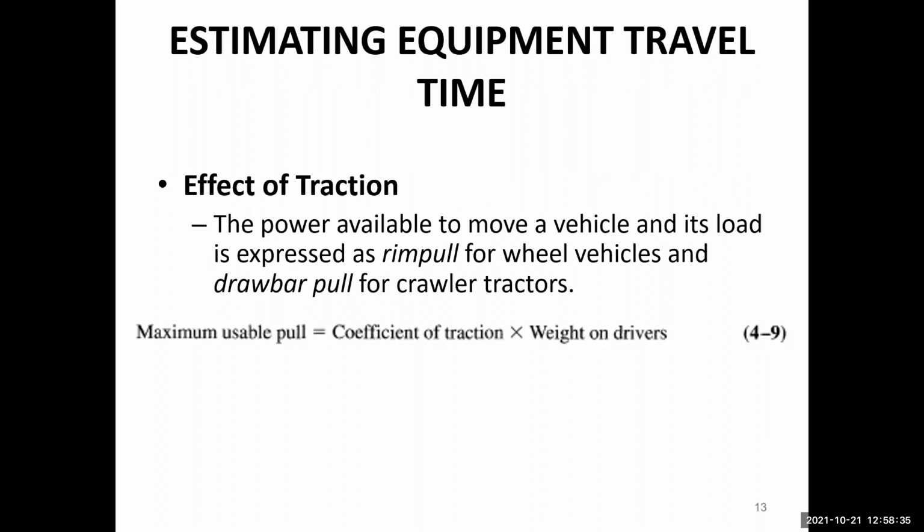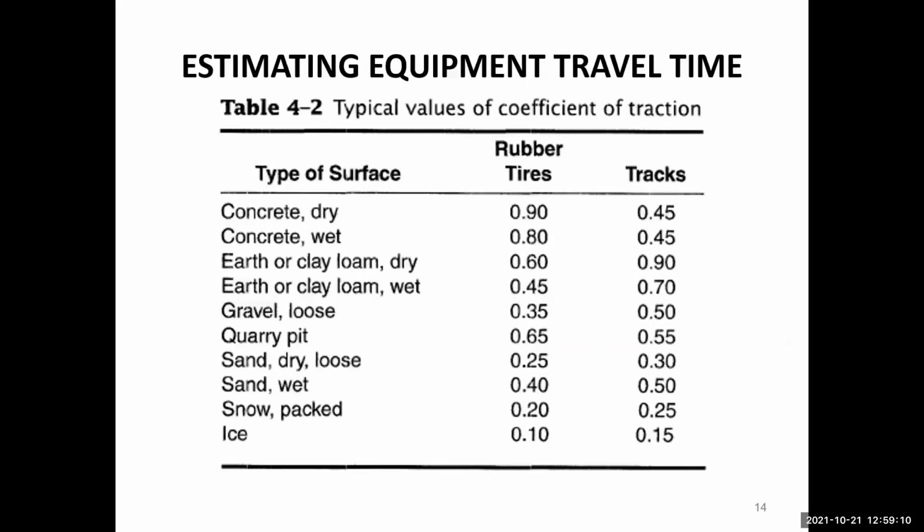These are some of the terminologies in which we represent the effect of traction, that is, the pulling action on the wheel. The formula is: the maximum usable pull is equal to the coefficient of traction multiplied by the weight on drivers. This formula will be clearer when we perform an example later on.